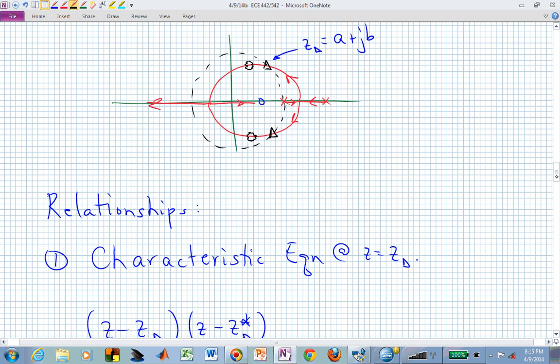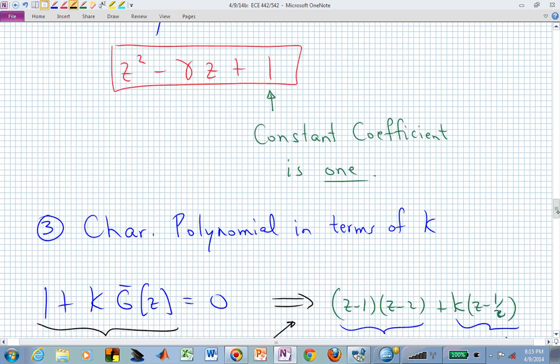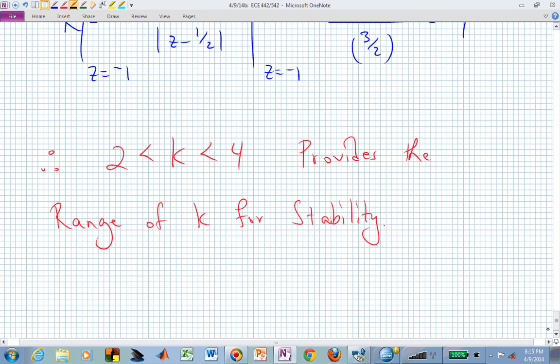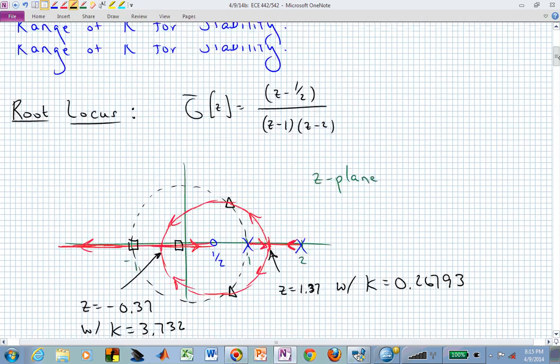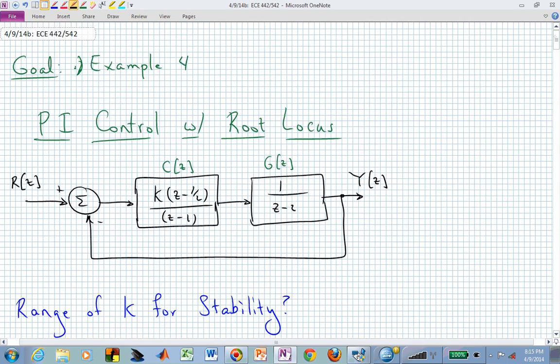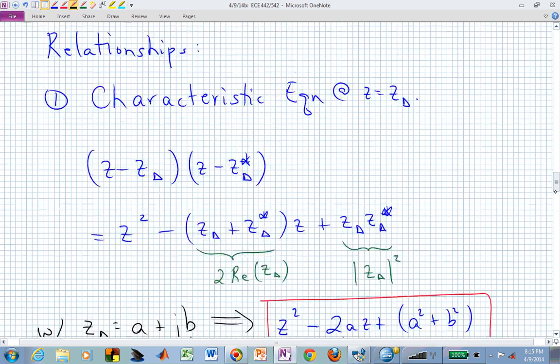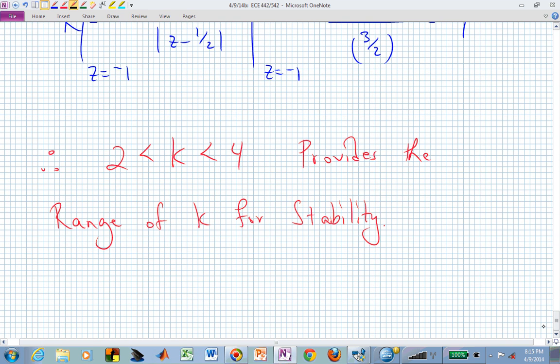You'll want to be a little bit less than that probably for an acceptable transient performance behavior, but you will have zero steady state error because we started with a PI controller which forces the open loop system to have a pole at z equal 1. I hope that that helps you understand what might happen in a configuration like this, and in particular maybe some of your homework problems.